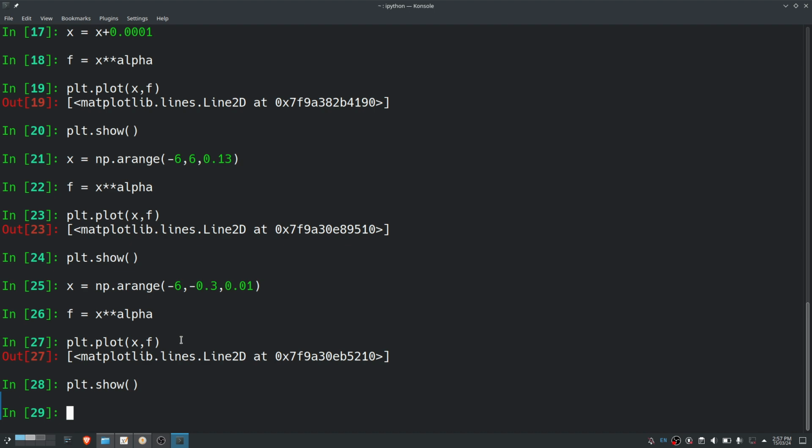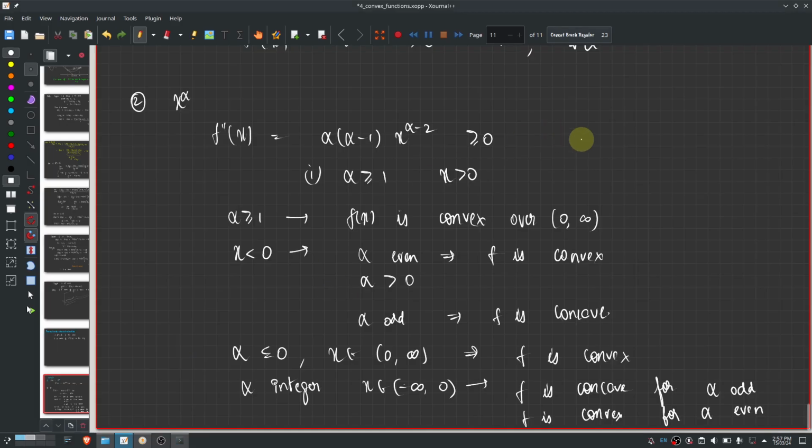For x greater than 0, it's going to be convex. So it's going to look like this. Okay.